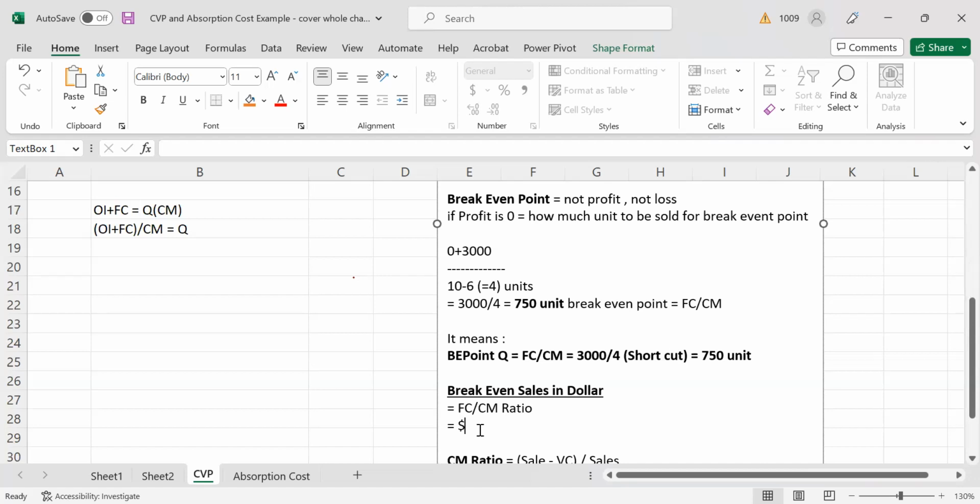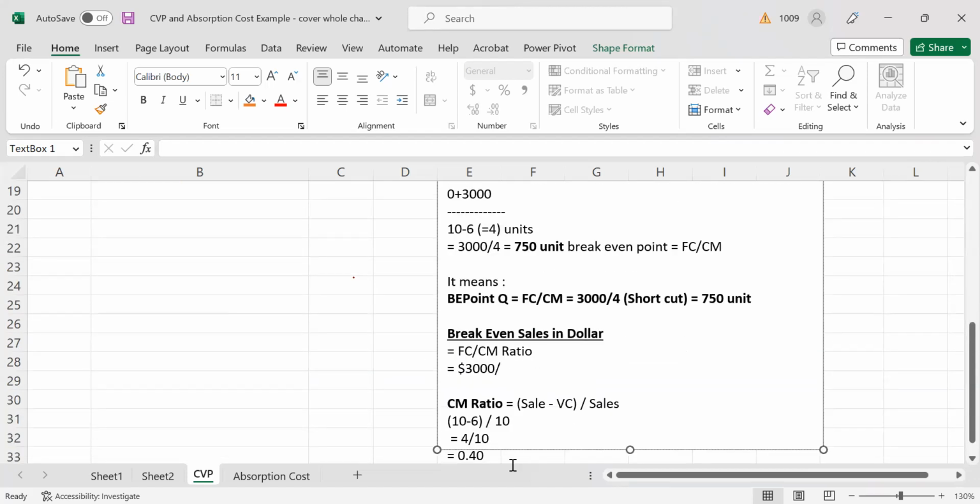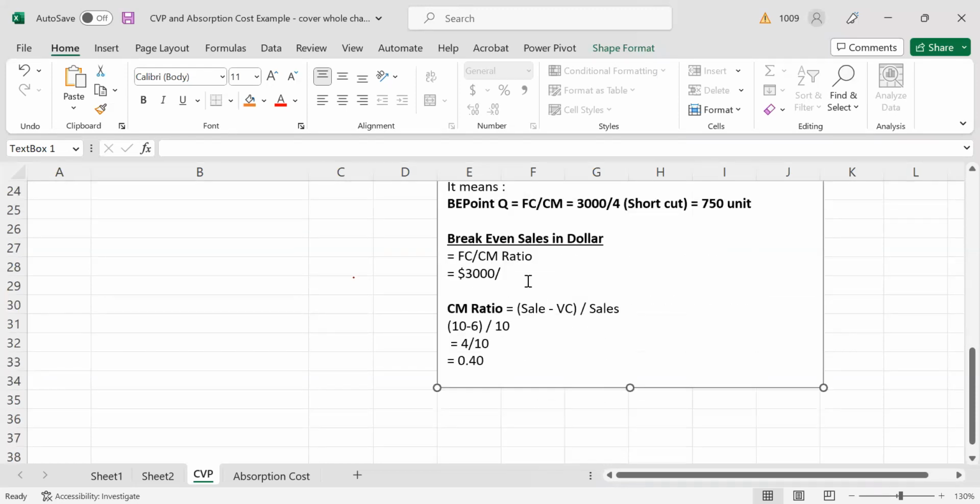So $3,000 is the fixed cost divided by the contribution margin ratio that we have already calculated, 0.40. If we calculate this, what will be the answer? What will the break-even sales in dollars be? That will be $3,000 divided by 0.40.